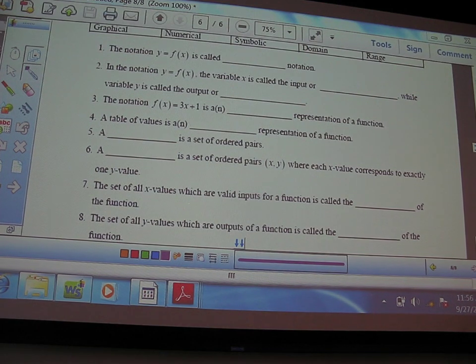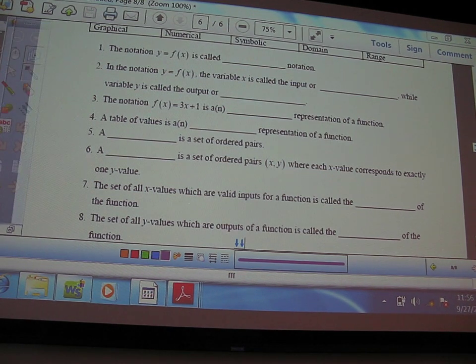Let's see, what are our options? So that's a function, right? Because f means function. Function notation. Does that seem reasonable? I can go with that. Function notation.